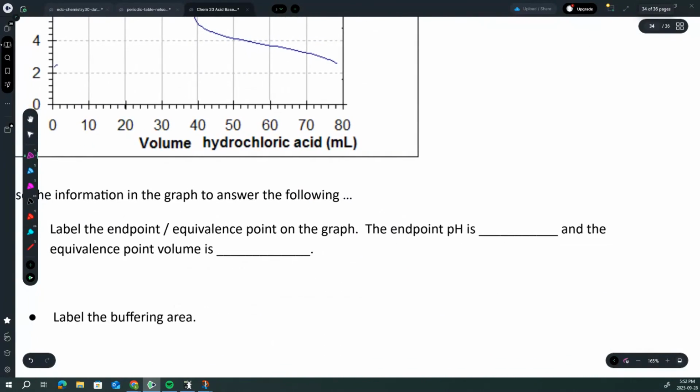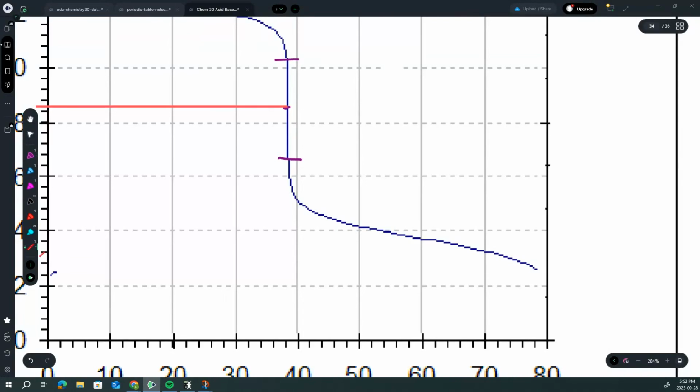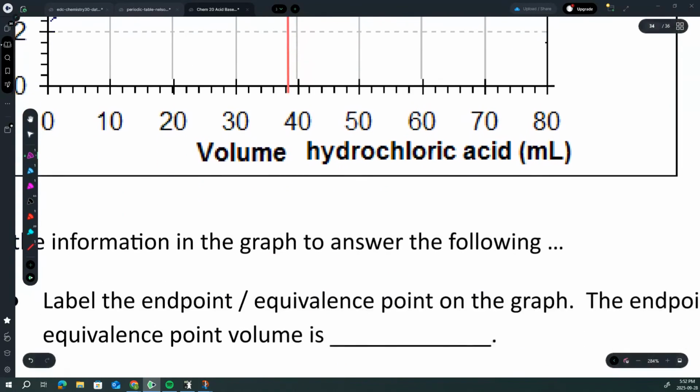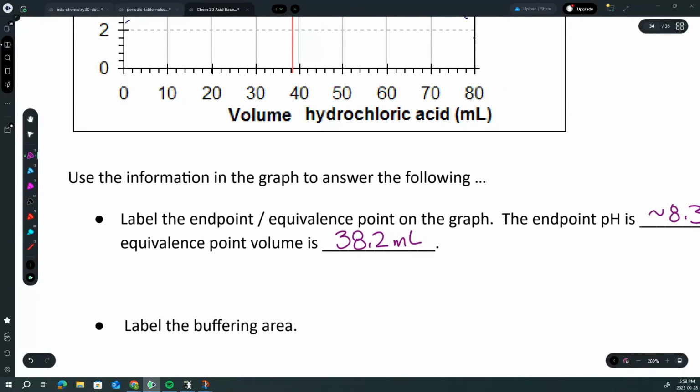Endpoint pH is about 8.3, and for the equivalence point volume, I'm just going to use my line tool again. It looks like each tick mark is worth about 2, and it's slightly above the line for 38, so we'll say 38.2. Again, I'm just estimating this last digit here.